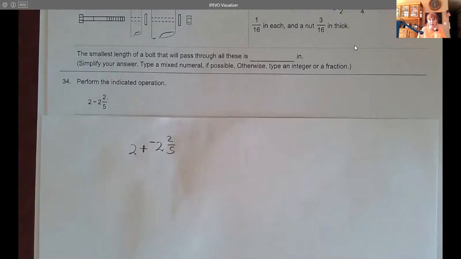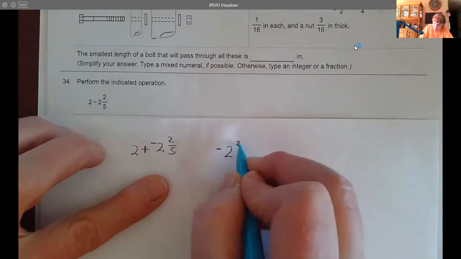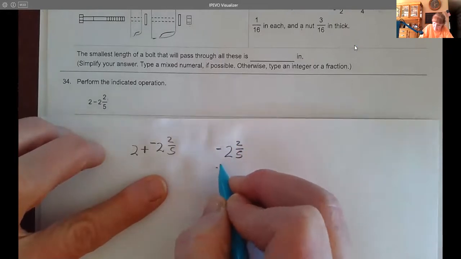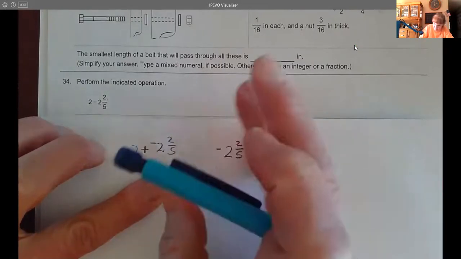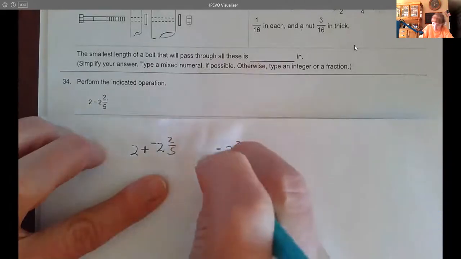Your answer is going to be negative. You have more negatives than you do positives. So when you do write these, I would put the larger one on top. Okay, and that would be this one.